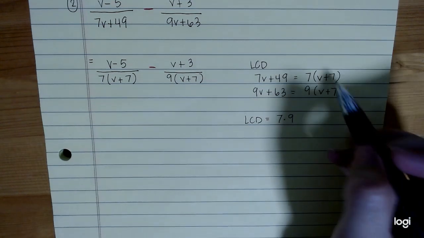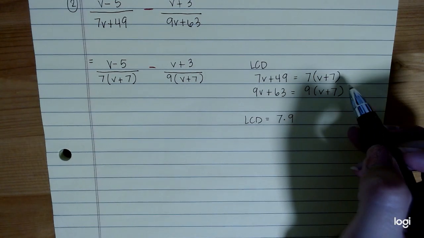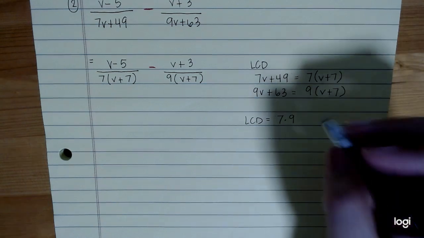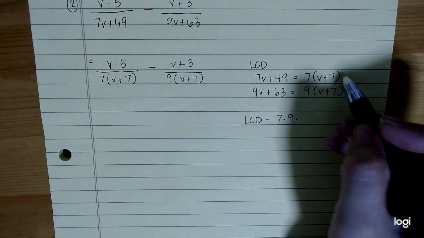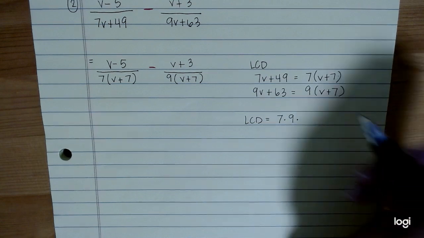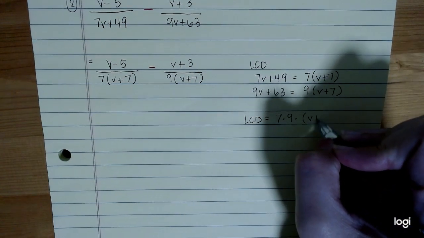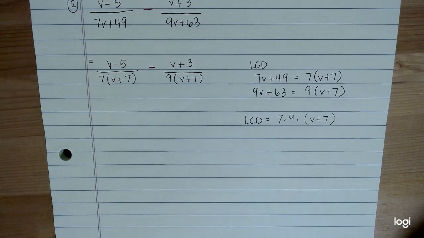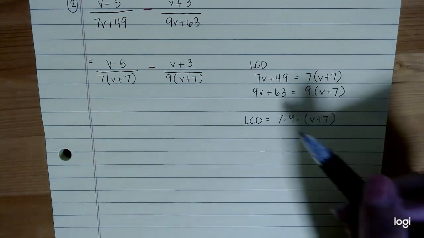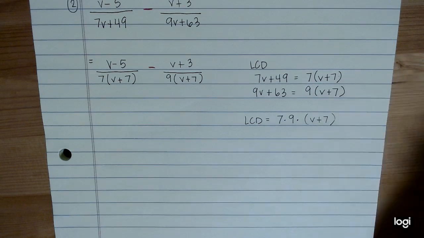It's the greatest number of times it occurs in any one of them, and that's just one time. So that LCD is going to be 7 times 9 times that quantity of v plus 7.